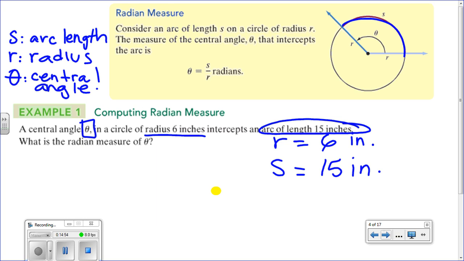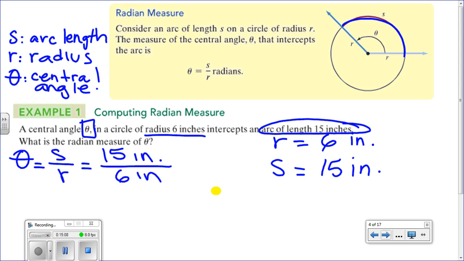So what is the radian measure of theta? So if we want to find theta, then that will just be S over R, which in our case will be 15 inches over 6 inches. The units cancel. And so the answer is just 15 over 6 radians.